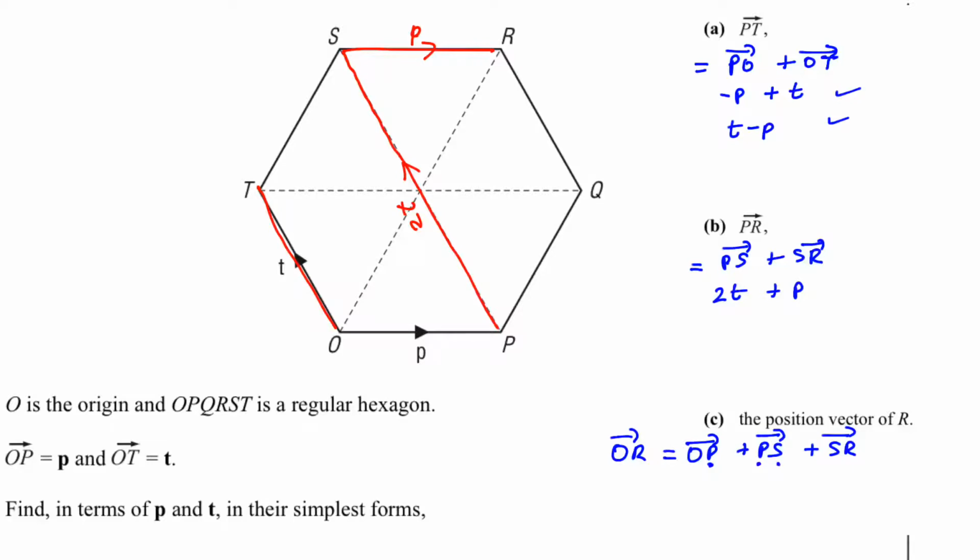Here you have S and you start with S. Keep that in mind. So OP is P, PS is 2T, and SR is P. So 2T plus 2P will give us the position vector of R.